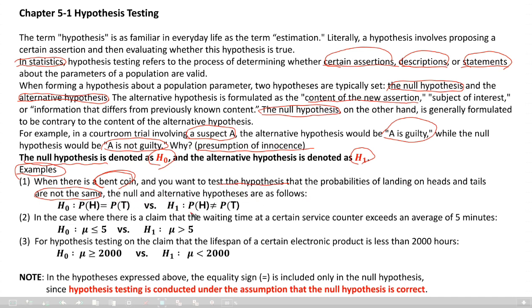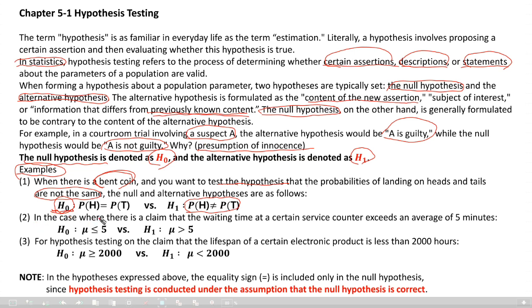Alternative hypothesis: P(H) is not equal to P(T), head and tail. The other one, H0, the null hypothesis, is what we usually know: previously we know the probability of a head and the probability of a tail are equal. So that is in H0, the null hypothesis.